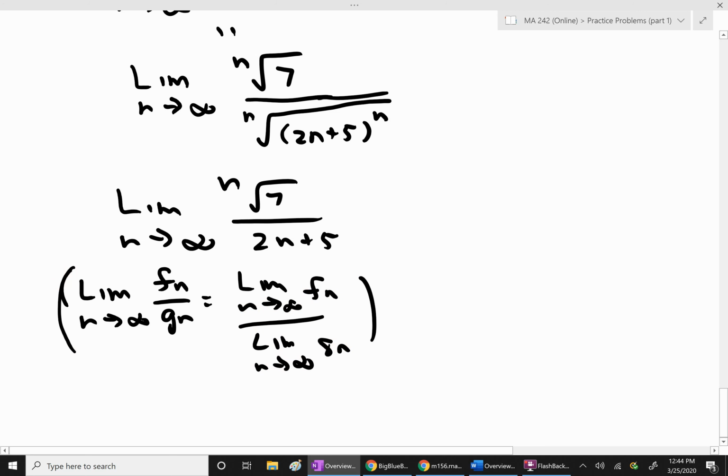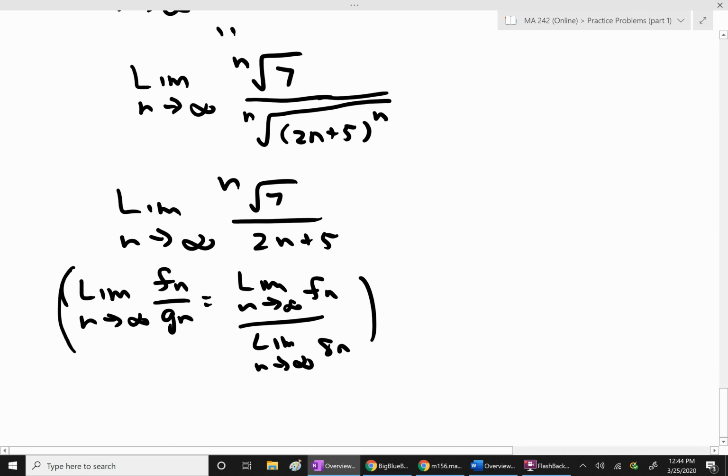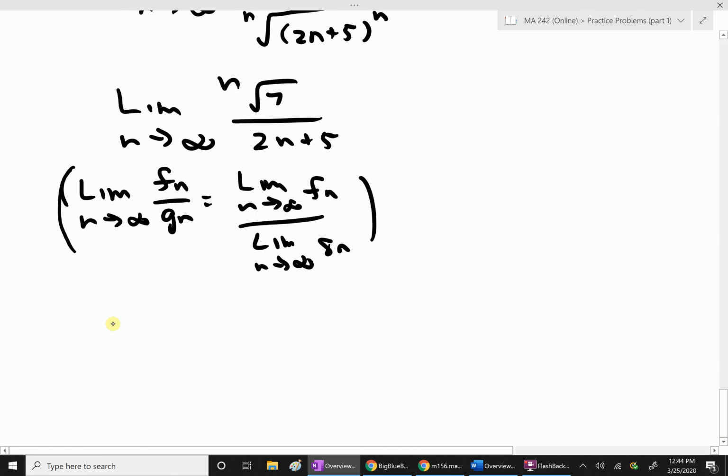So I can do that here. I can use the fact that the limit of the nth root of 7 converges to 1.